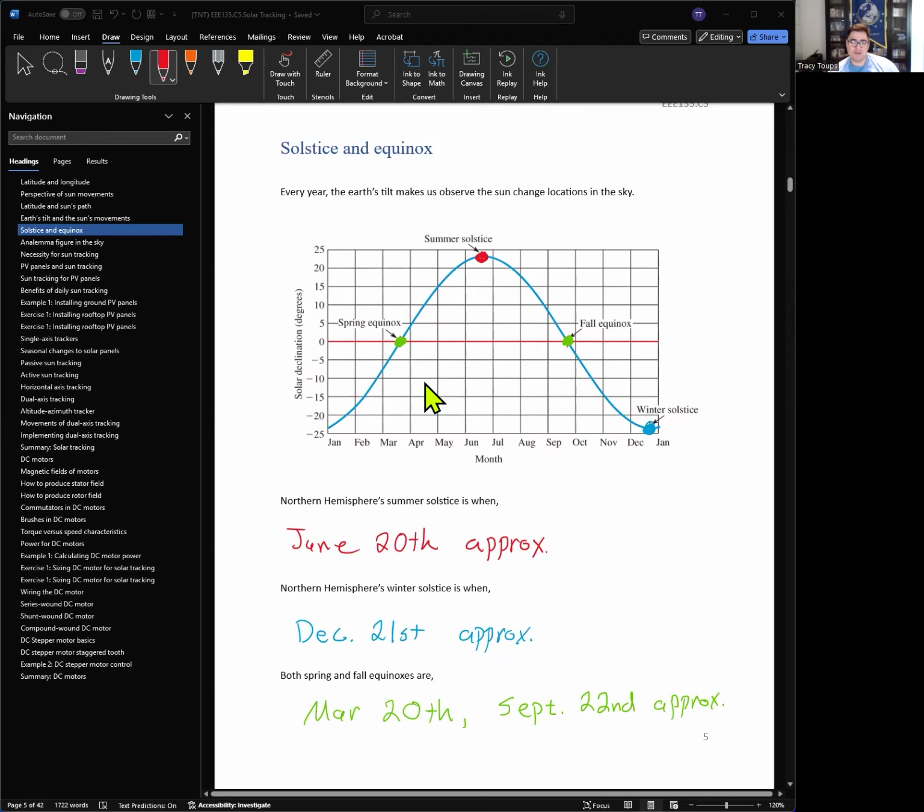So this is kind of a good graph to show you the angle at which the sun tilts in the sky from its normal path. So for example, if we're at 40 degrees north, or 38.6 degrees north of Sacramento, right? If we're at the spring or fall equinox, there's no additional degree change from 38.6 degrees.